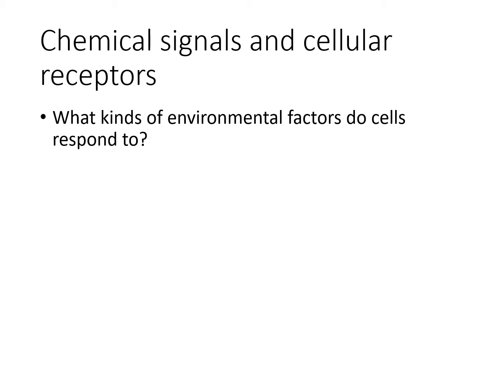So how can these environmental factors be represented as a ligand or signal in themselves to make the cells respond to it? This is where you learn about chemical signals and also the cellular receptors. So that means the signal must suit the different types of receptors so that the cells can actually recognize them and be able to respond to it.